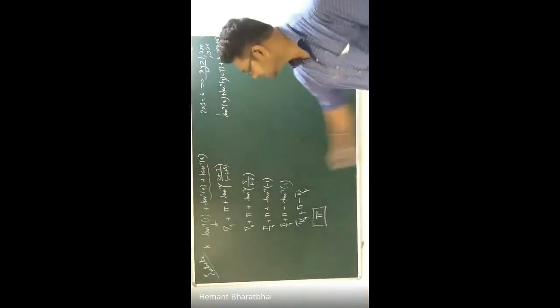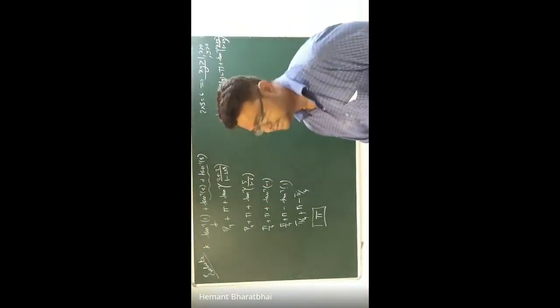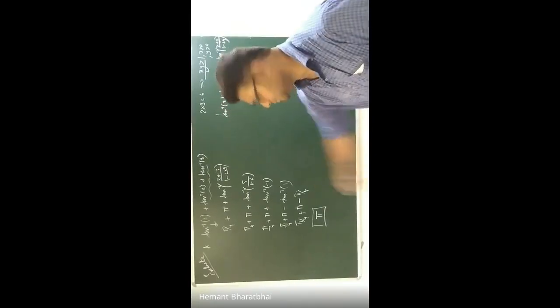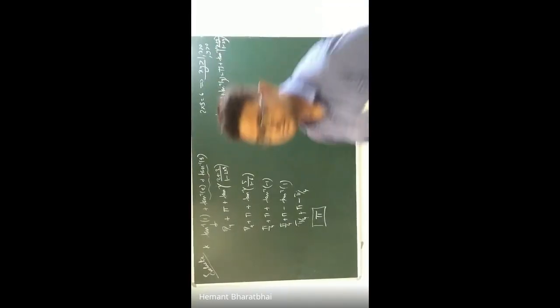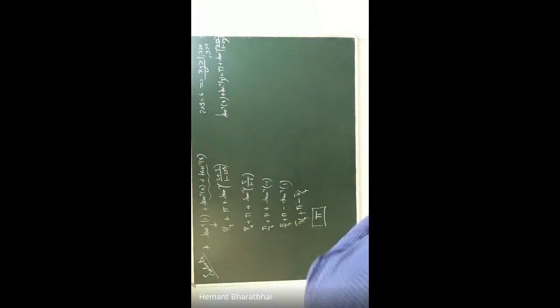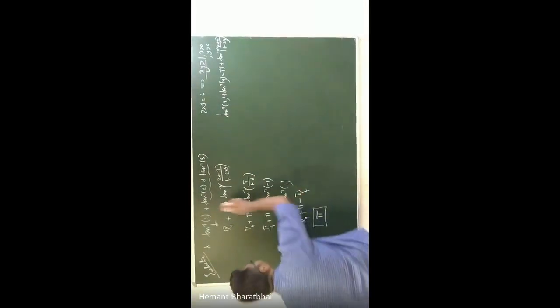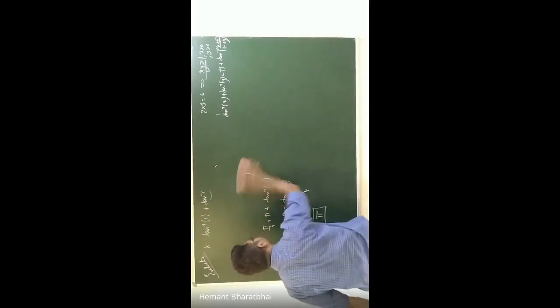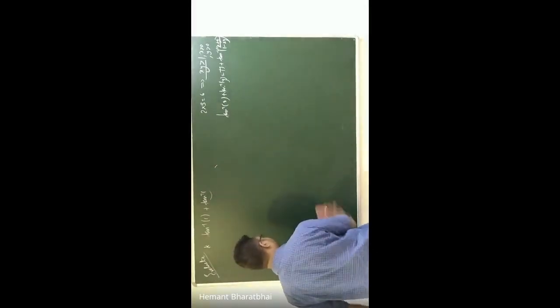So tan inverse of 1 plus tan inverse of 2 plus tan inverse of 3 is nothing but how much? Pi. Okay. Let's do one more.